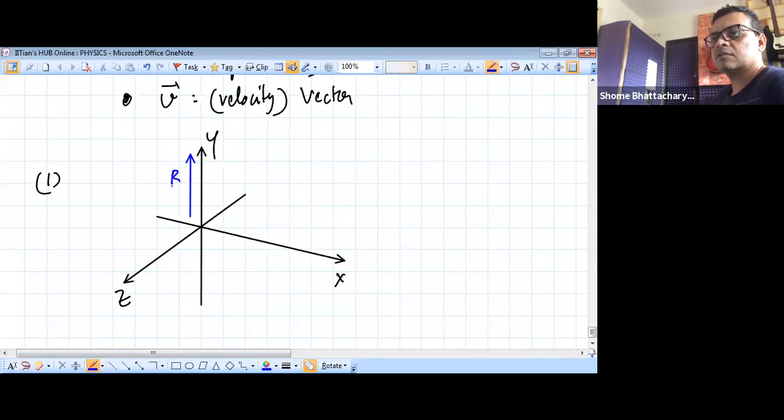So your B is like this, and your velocity vector is along the negative X axis.